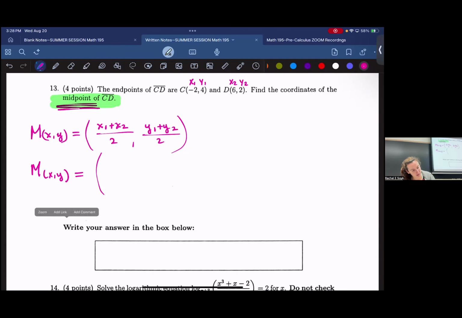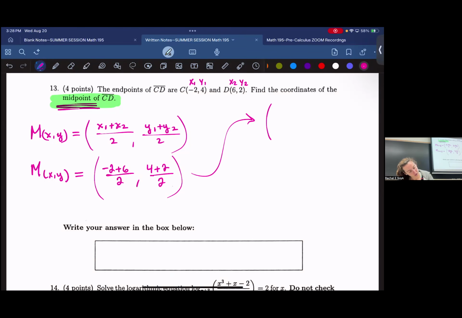So we're looking at -2 plus 6 all over 2, comma, 4 plus 2 all over 2, which gives us 4 over 2, comma, 6 over 2, which reduces to 2, comma, 3.